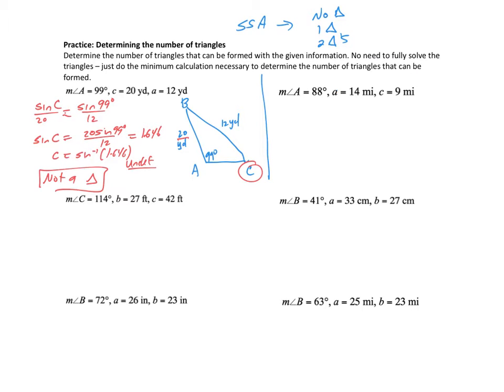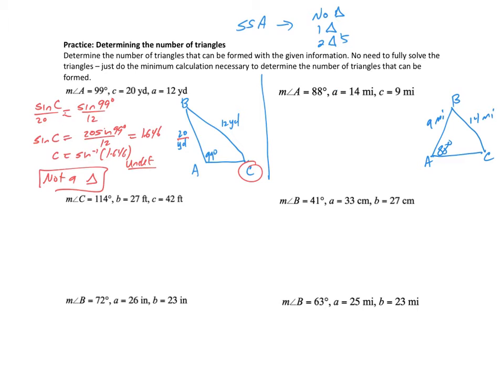We're told that the measure of angle A is 88 degrees. We'll sketch that, and don't worry exactly what your triangles look like. A is 88 degrees, the opposite side length, little a, is 14 miles, and I'll label my other vertices B and C, and little c is 9 miles.